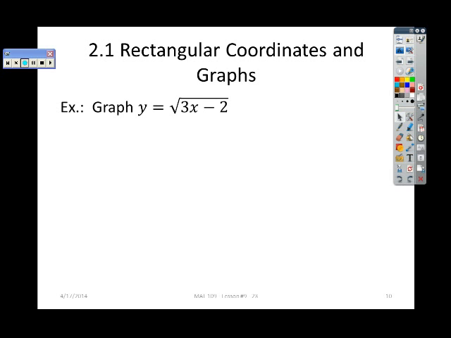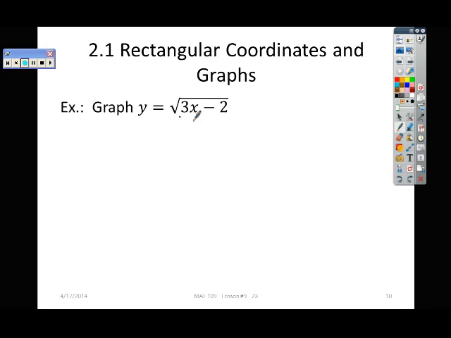With this type of equation, you could set 3x minus 2 equal to 0. Set this radicand, and solve for x. At that value of x, if I put this into this equation, I'll get the square root of 0, which is 0.